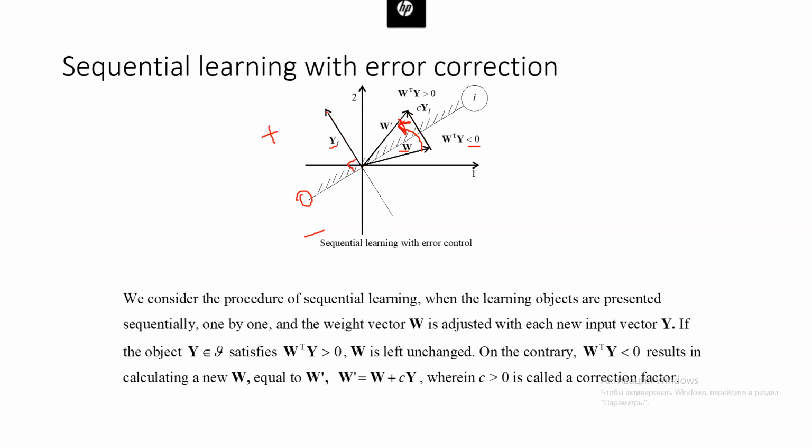Also, I think you remember that when we have two vectors A and B, their sum A plus B will be here. So you correct your weight vector in order to obtain positive projection, and you repeat it with all objects from your dataset.